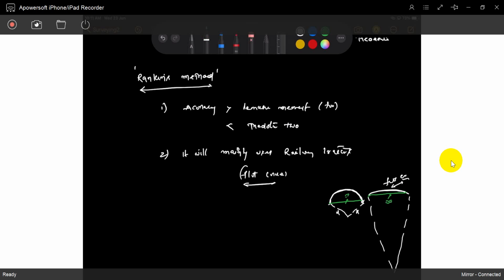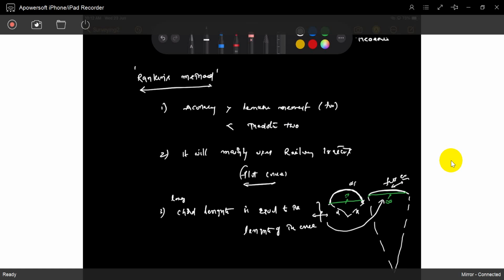So that is our third assumption: the long chord length is equal to the length of the curve. If you put this assumption, it will satisfy only the flat curve, not a bulk curve.